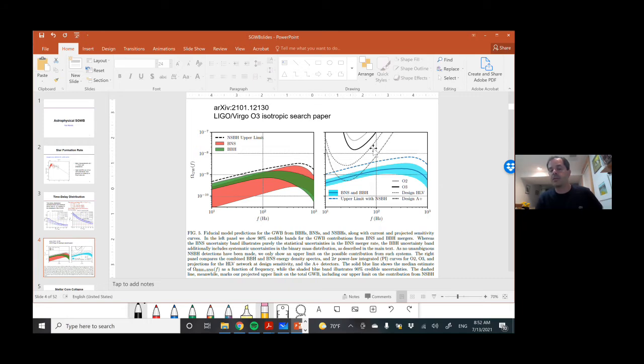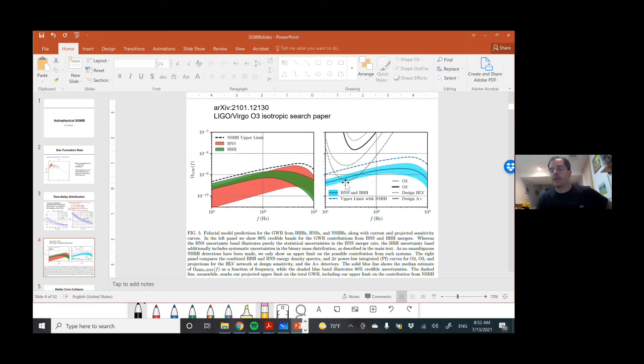But you see the sensitivities of these future runs. So this one here, the dashed curve, corresponds to the design sensitivity. So that would be our O4, the fourth observation run, which is scheduled to start next summer. So you see we're hoping to get pretty close with that.